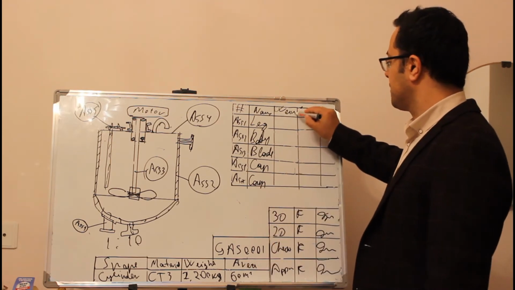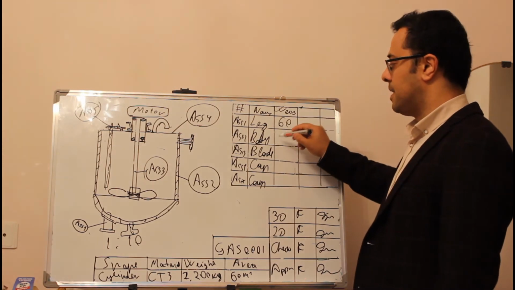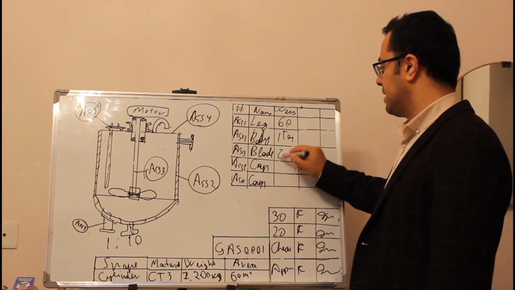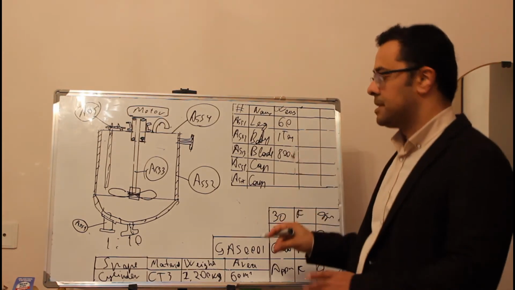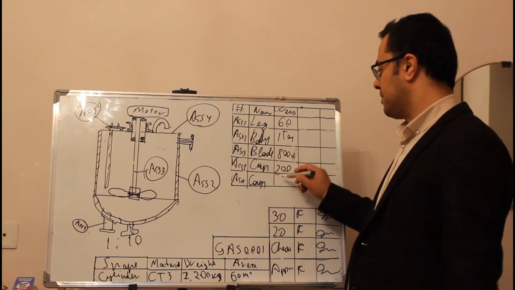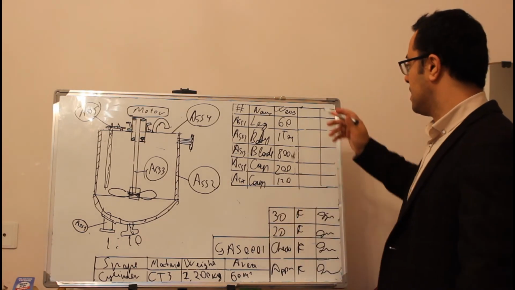Weight: legs 60 kilos, body like 1 ton, blades another 800 kilograms. Assembly cap like 200 kilograms, and a cap of the cap it's 120 kilograms, something like this.